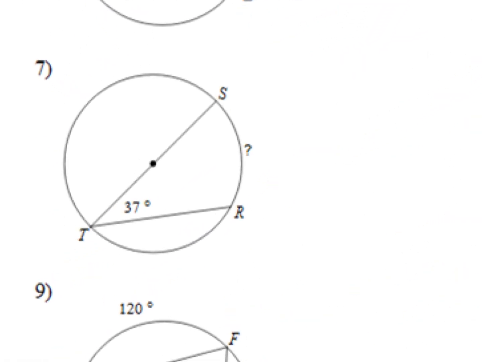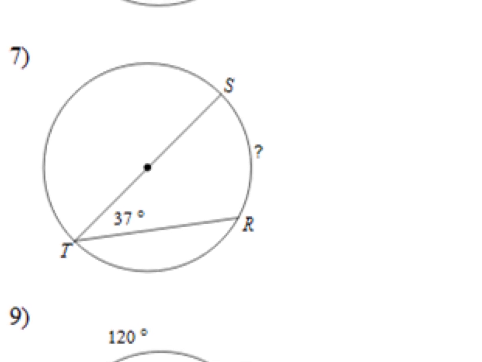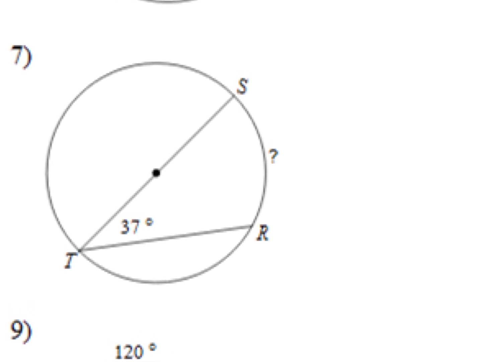Okay, next, number 7. So we are asked to find the measurement of this arc. What did I say? The inscribed angle is given, so we're going towards the arc. So we're going to multiply this by 2.